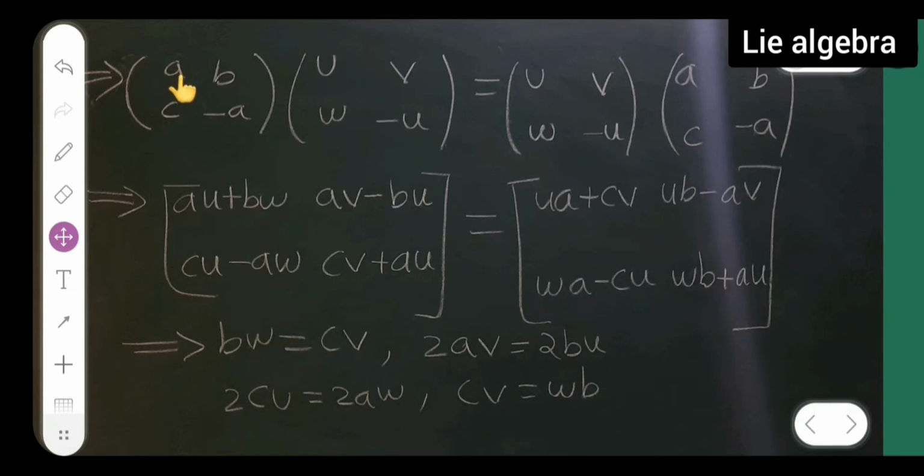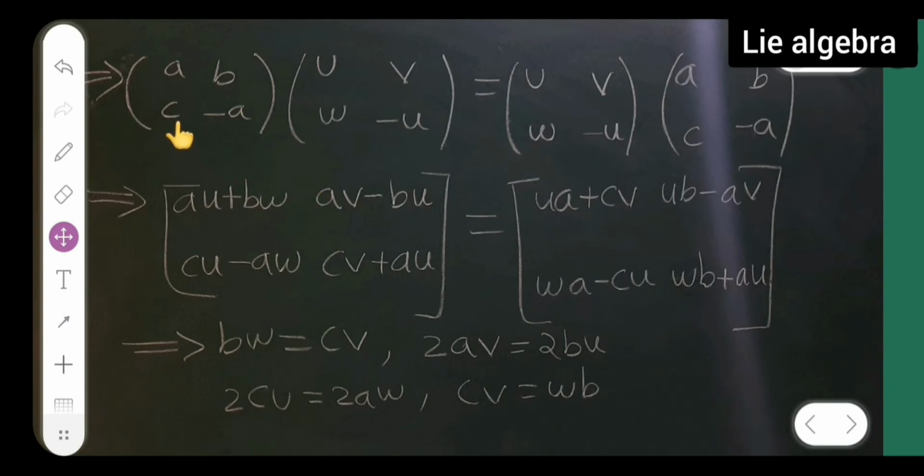AU plus BW. Then AV minus BU. Then CU minus AW.